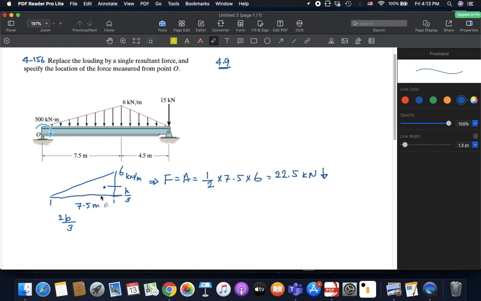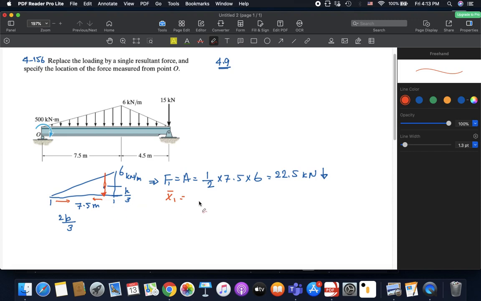So now what we care about is the x component, right? If we had a force concentrated at this point, we don't really care about the height, or the y component. We just care about the x component. So from here to here, this is x bar for this force. Let's call this force F1, and let's call this distance x1 bar.